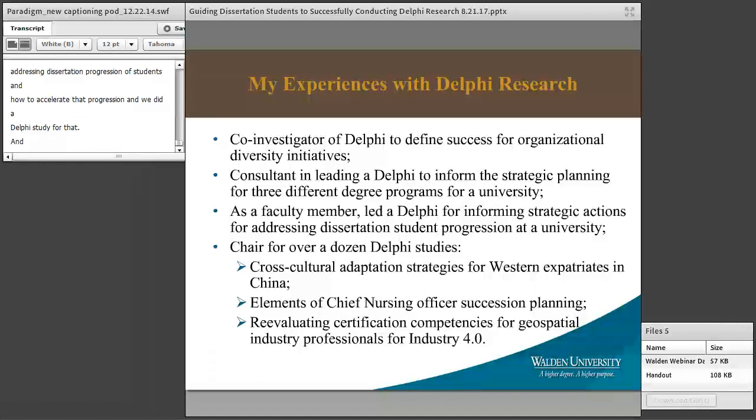And that was an interesting study because that which was deemed to be desirable was not necessarily deemed to be feasible within the resources of the university. So how do we take something that's desirable and not feasible and make it feasible was very important in terms of the analysis and interpretation of the data.